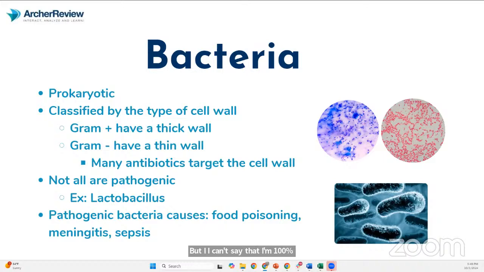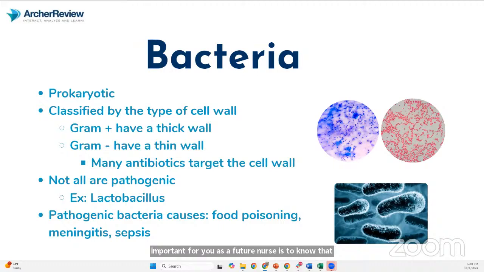Great question. I'm looking at our next microscopic organism, that's bacteria. Bacteria is prokaryotic. So remember, this is a very basic cell structure. And what's important for you as a future nurse is to know that bacteria can be classified by the type of cell wall they have.